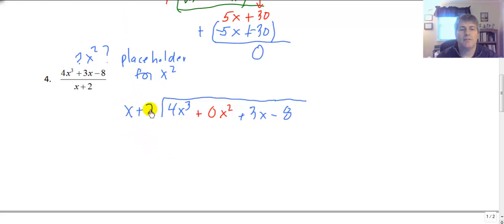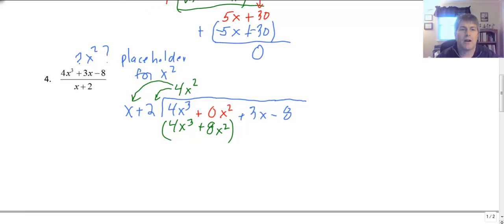How many times does x go into 4x cubed? Well, it's going to go in 4x squared times. So we multiply 4x squared times x, we get 4x cubed. We multiply 4x squared times 2, and we get 8x squared.